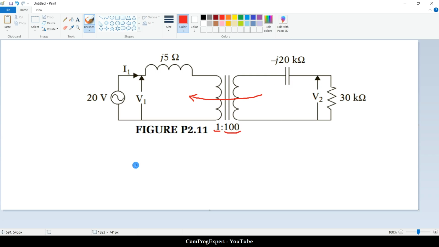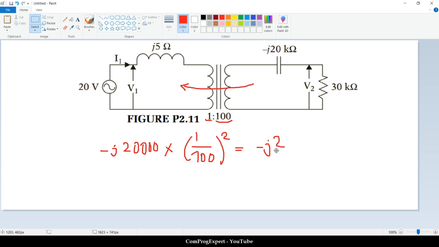So minus j 20 kilo ohm, that is 20,000 ohm, times 1 divided by 100 to the power 2, that is equal to negative j2.